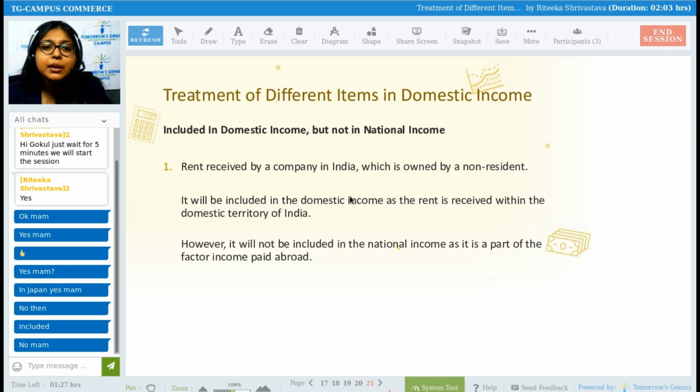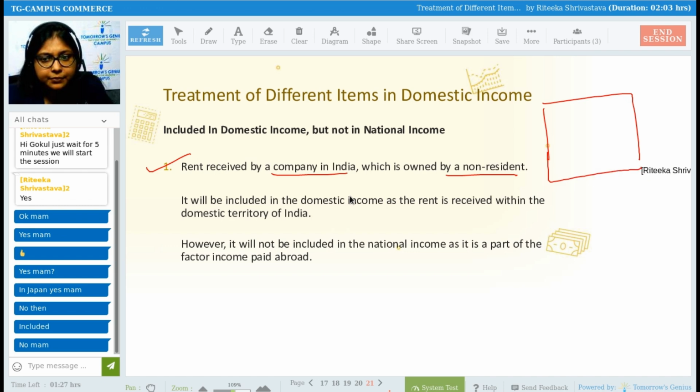Now, we'll see one example wherein it is included in domestic income but not in national income. First, rent received by a company in India which is owned by a non-resident. That means, suppose this is India. There is one company in India and rent is received in India.